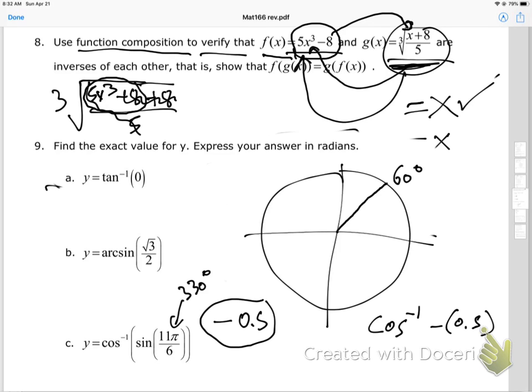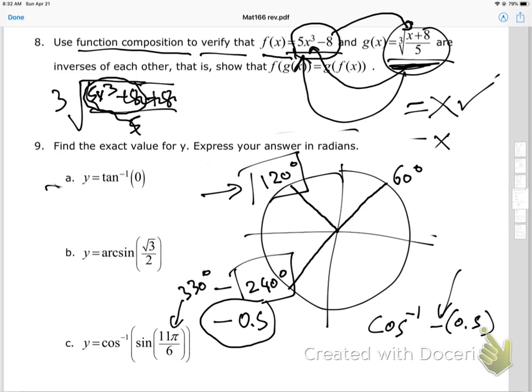But of course, I want it where it's negative. Quadrant 2 is negative, so 120 is going to work. Quadrant 3 is also negative, so 240 is going to work. So these two will work. If I do the cosine of that, I will get negative 0.5. If I do the cosine of that, I will get negative 0.5. But again, don't forget to change to radians.